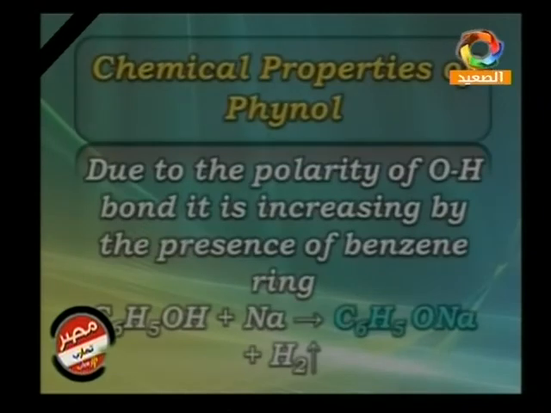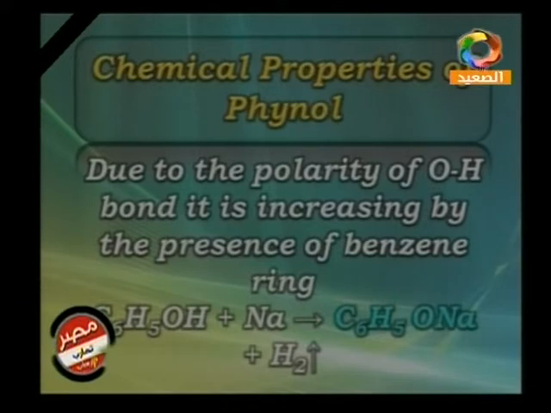Here we have the chemical properties of phenol. Due to the polarity of OH, the hydrogen has a positive charge and the oxygen has a negative charge. The polarity increases with the presence of the benzene ring, which attracts the electrons of the oxygen atom, so the hydrogen is free to move out of the compound.